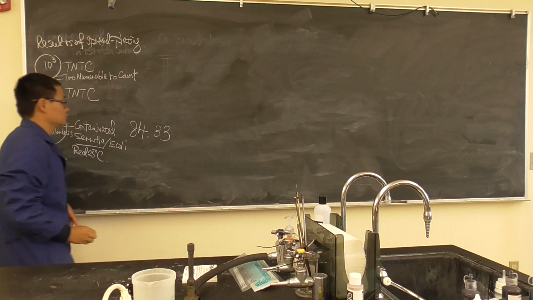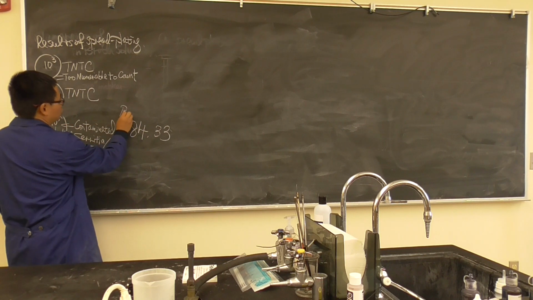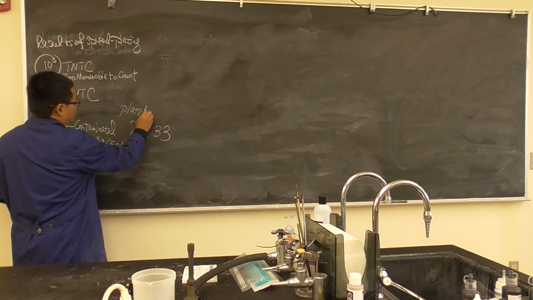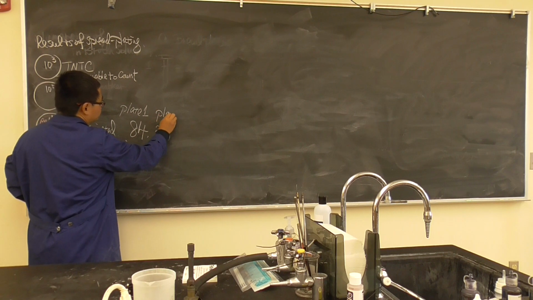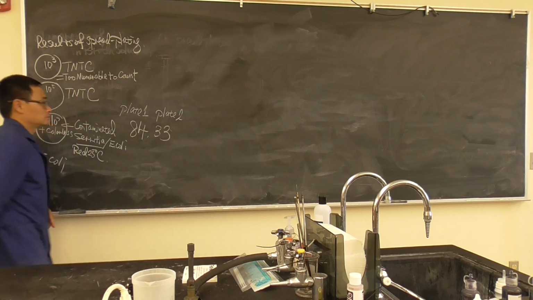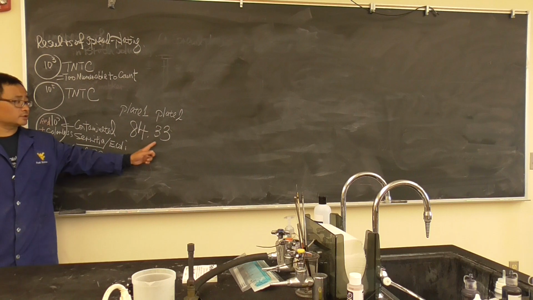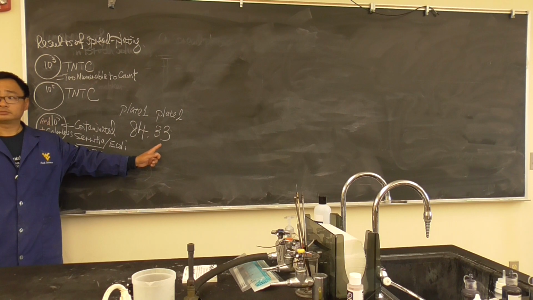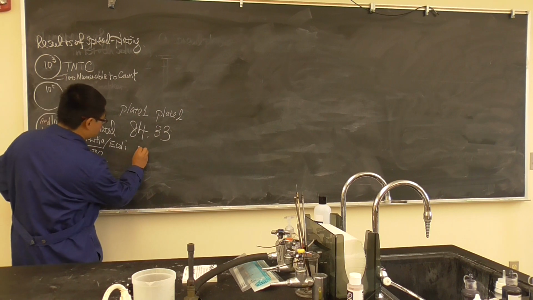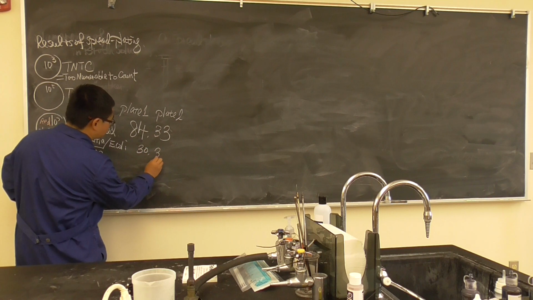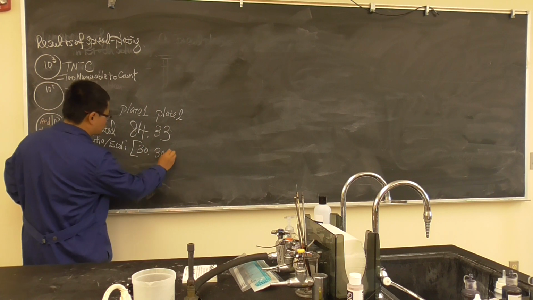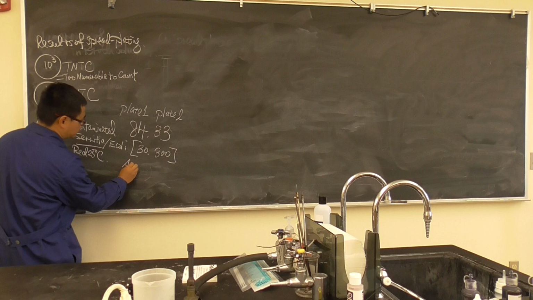Okay, let's talk about that. Let's say I have 2 plates, plate 1 and plate 2. First of all, are those 2 numbers we can use? Yes, because they are in the zone of 30 to 300. This zone, we call it the acceptable zone.